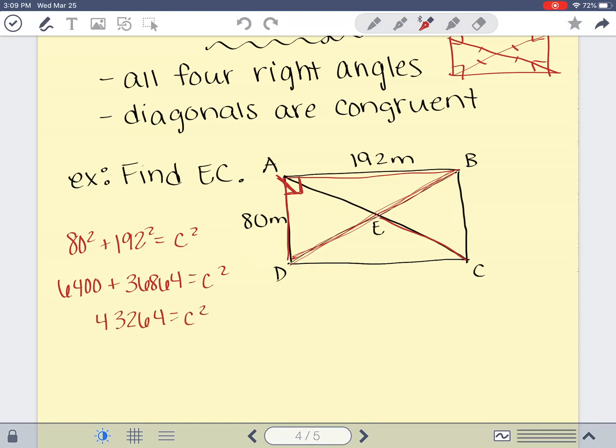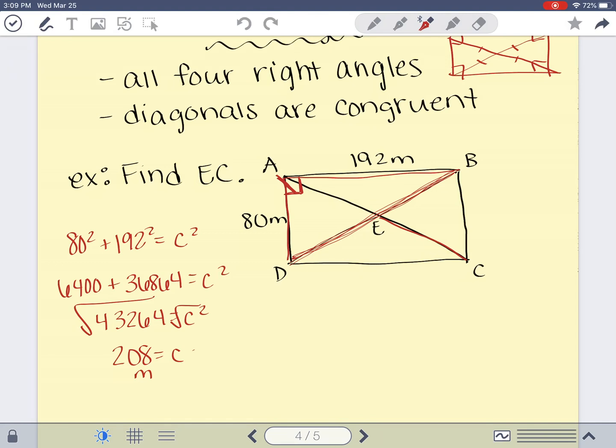Add those two together, we get 43,264. And then we are going to square root it in order to get that hypotenuse. So we get that C is 208 meters.